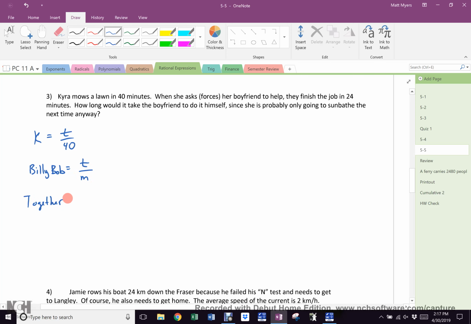So what is the equation that I must write? T over 40 plus T over M will equal how many lawns mowed? 1. Correct? What do I do? What is my common denominator? 40M, right? Everyone agree?